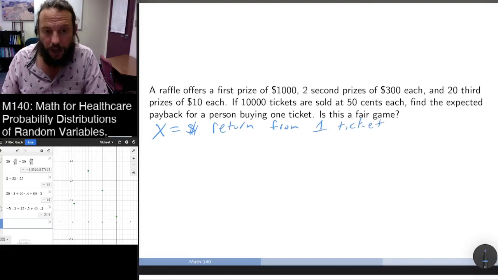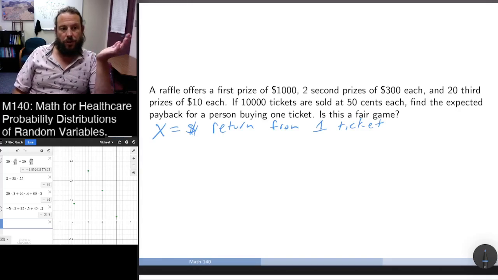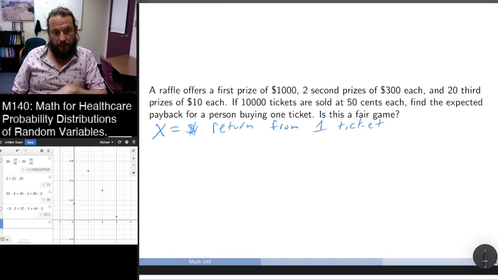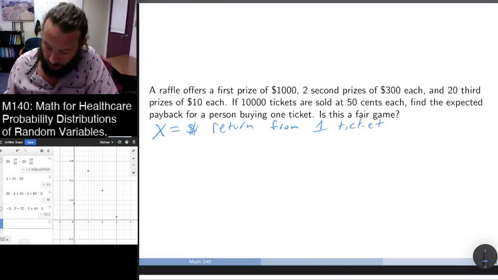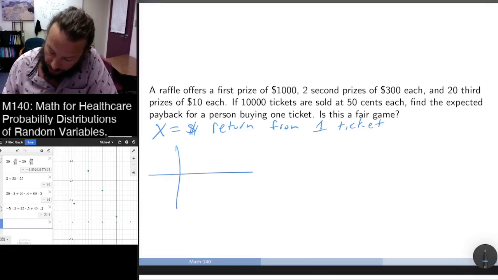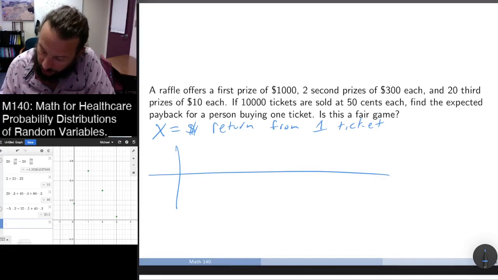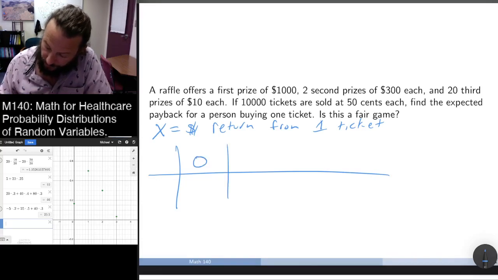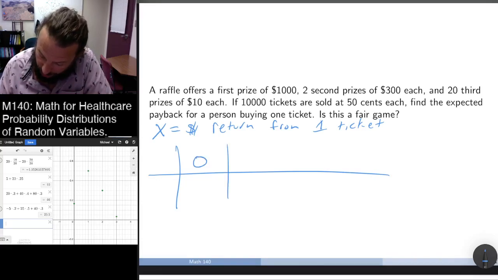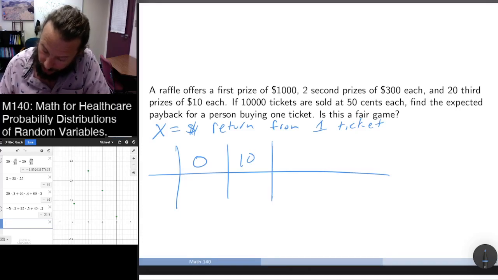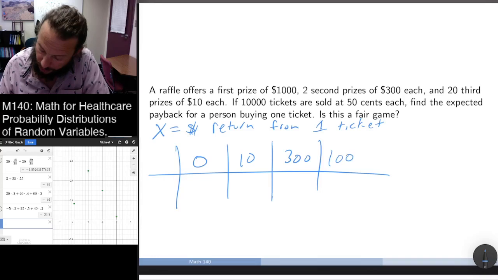We're going to ignore the 50 cents, because whether you win or lose, that 50 cents is spent no matter what. So here, what are the different values? You could win certainly $0, then you could win $10, you could win $300, and you could win $1,000.